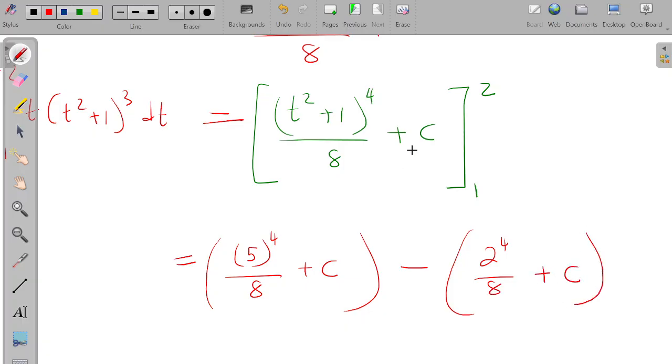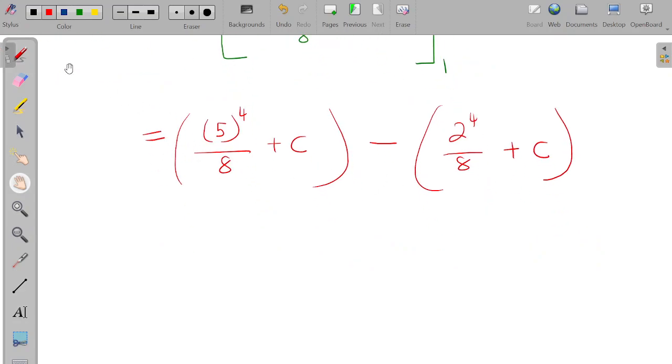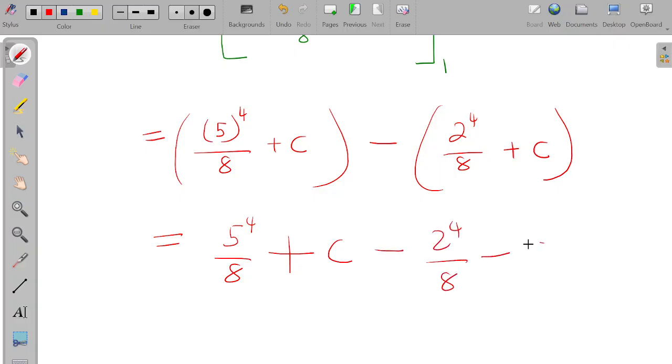You see, that's what I mentioned in the last video: in a definite integral we don't need a constant, but because we took the indefinite integral from the definite one, that's why we have this constant. But let's see what happens to that constant. When I open the bracket, this will become 5 raised to power 4 over 8 plus c, then minus 2 raised to power 4 over 8 minus c.